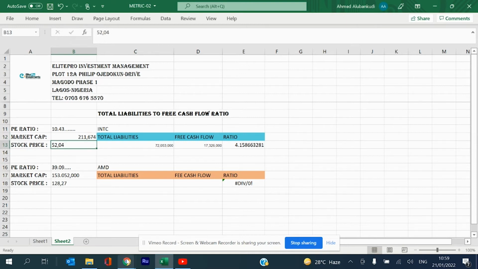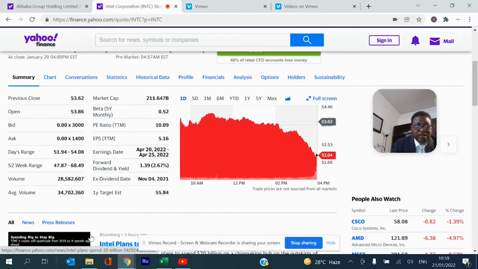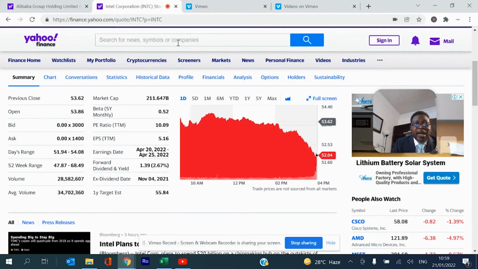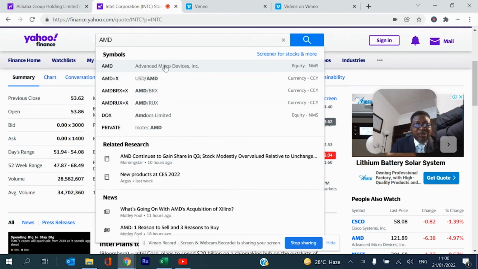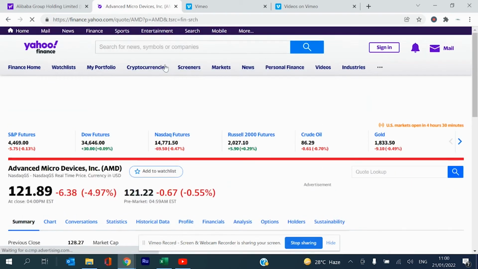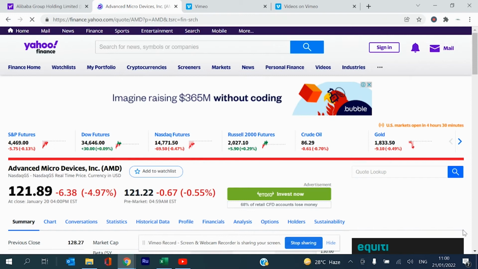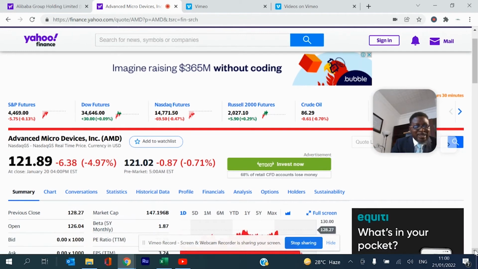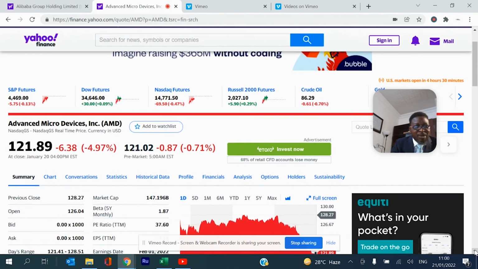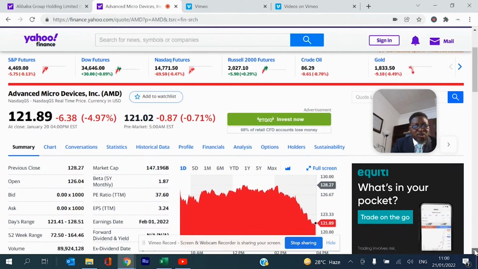Okay, so let's go back to here. I put in AMD, Advanced Micro Devices. Now, AMD price here is 121 as at close of business on 20th of January 2022.